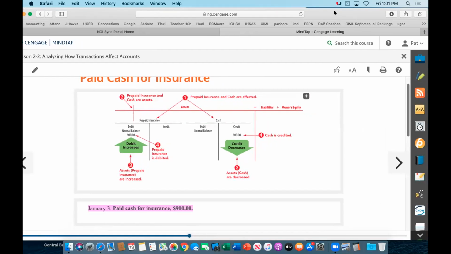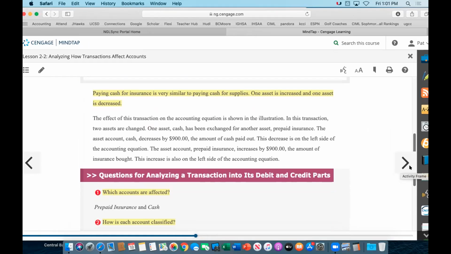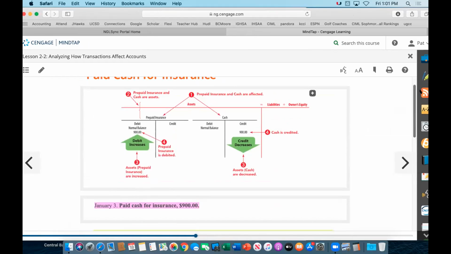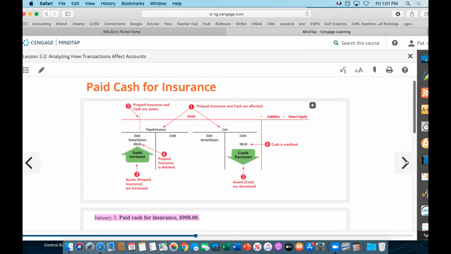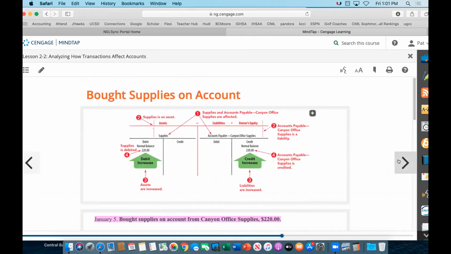And they just kind of explain what the chart says down below, right? It's not that this isn't important. It's just that, again, it says one asset increases, one asset decreases. Okay. So that's transaction 3.